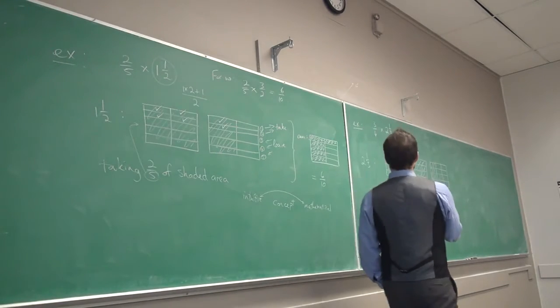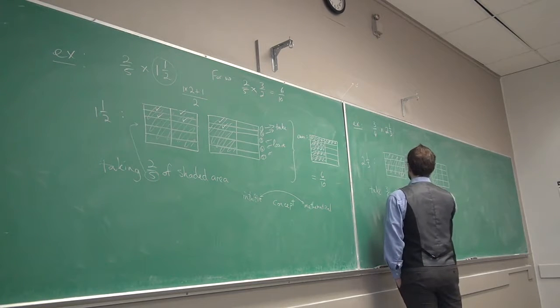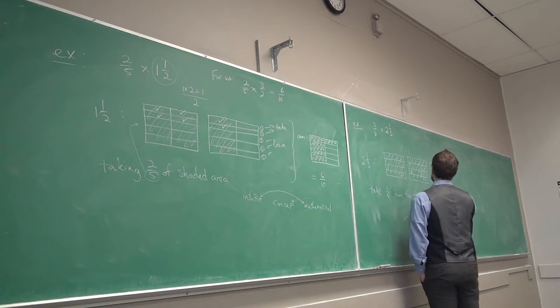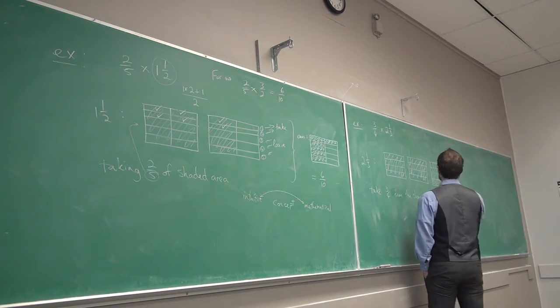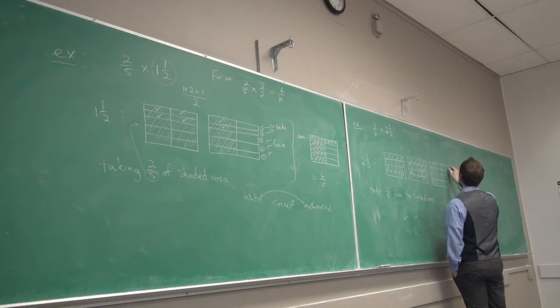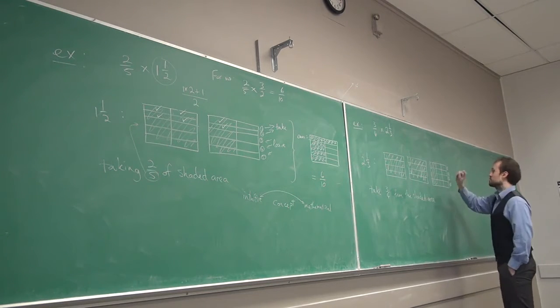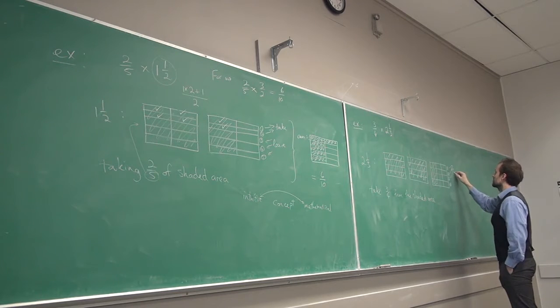Take 3/4, let's say from the shaded area. So I have 4 rows here, row 1, row 2, row 3, row 4. I want 3 of them. 1, 2, 3.